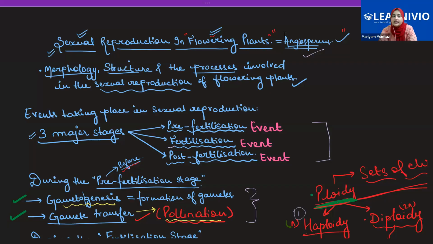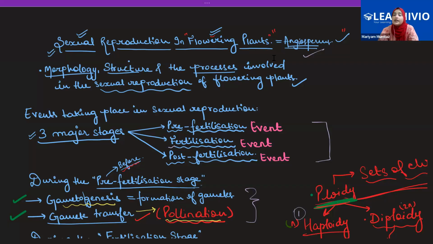Now, furthermore, let us talk about the events that take place in sexual reproduction. Basically, there are three major stages that take place during sexual reproduction: the pre-fertilization event, the fertilization event, and the post-fertilization event. Everything that happens before the fertilization, we call the pre-fertilization event.